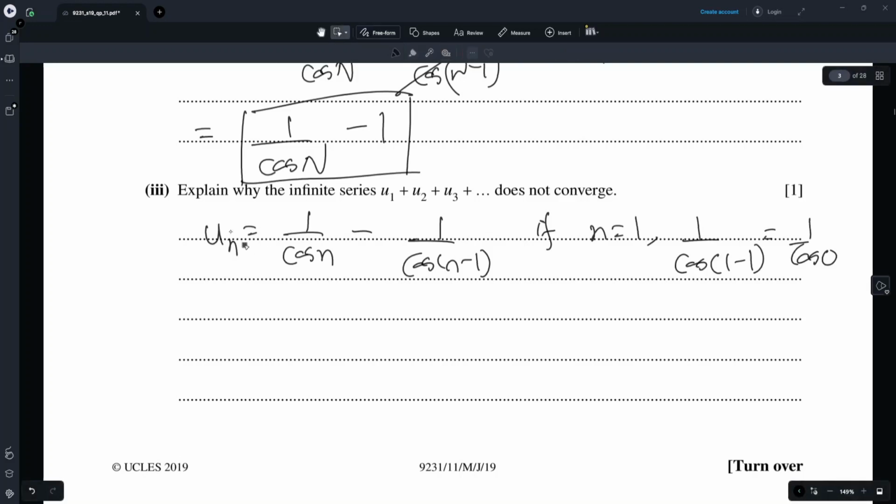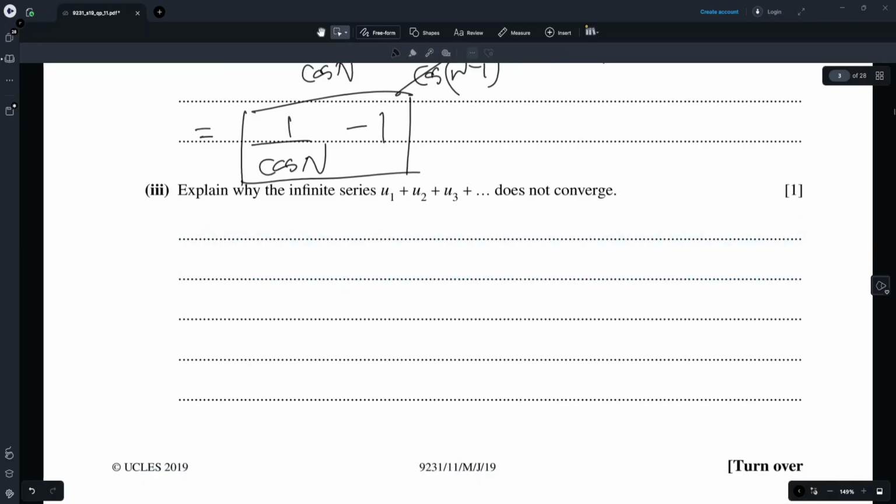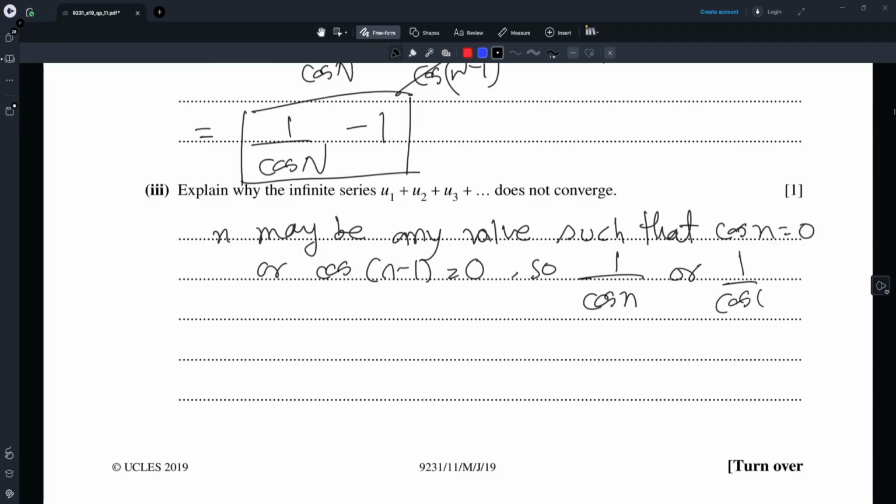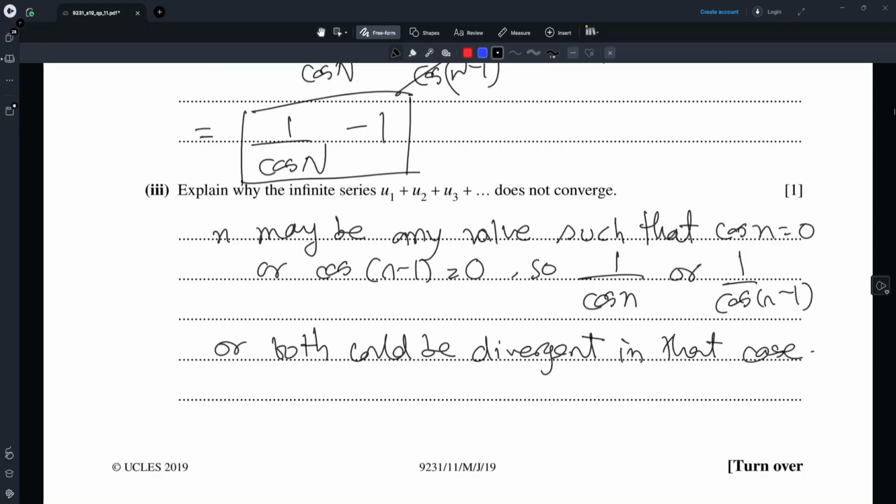No, actually, it's not the case, sorry. There's actually something else. n may be any value such that cos n equals 0 or cos n minus 1 equals 0. So 1 by cos n or 1 by cos n minus 1 or both could be divergent in that case. That's the answer I think around in my mind.